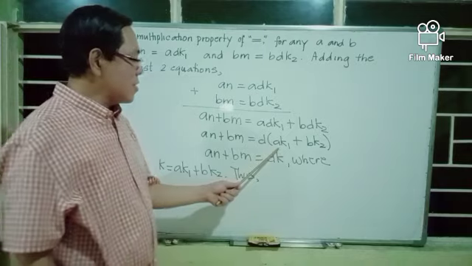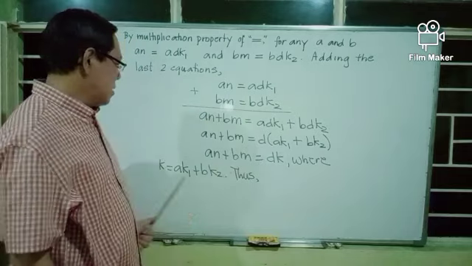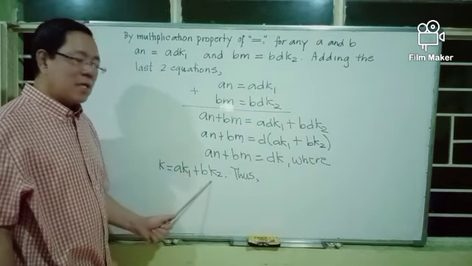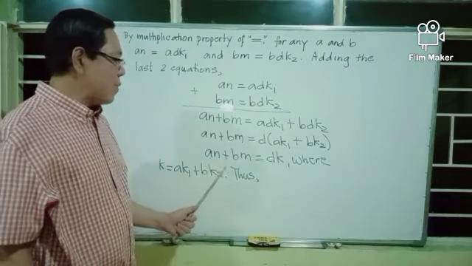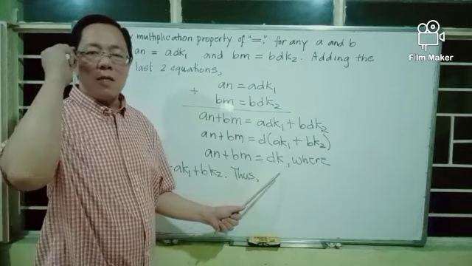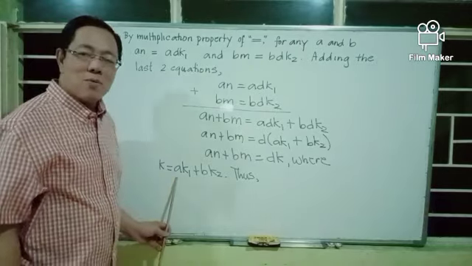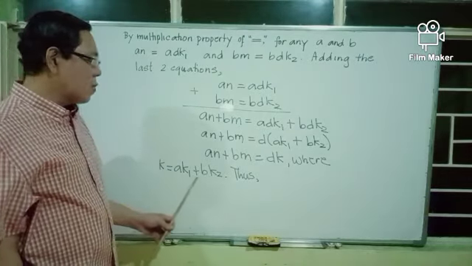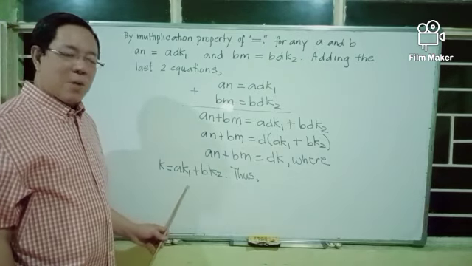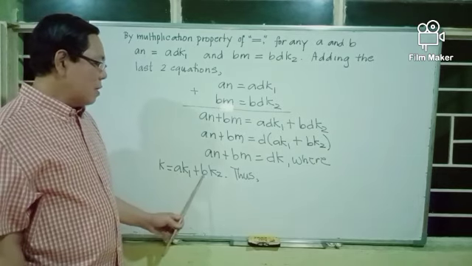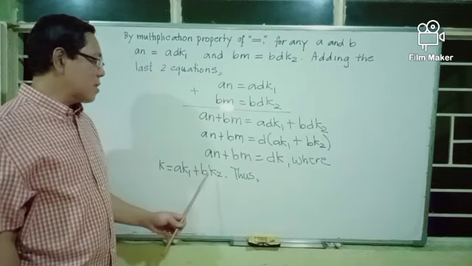Now, I let the sum of this integer and this integer be the integer k. k equals a k1 plus b k2. And this equation above is written as an plus bm equals d k. Thus, we have shown that there is an integer k, which is equal to the sum of the integers a k1 and b k2. a k1 is an integer because it is a product of two integers a and k1. b k2 is an integer because it is a product of the integers b and k2.